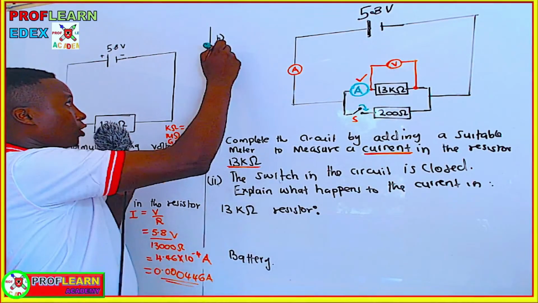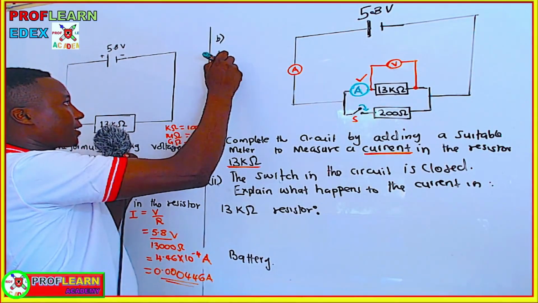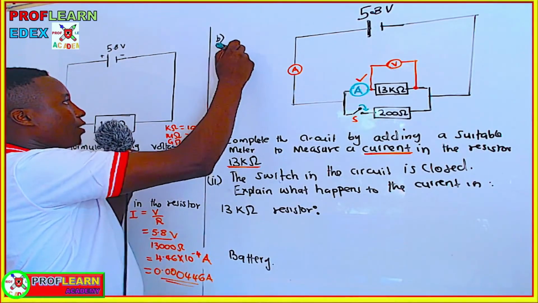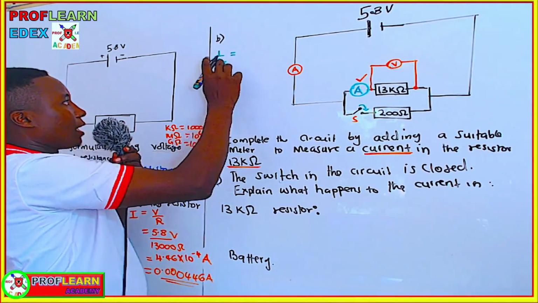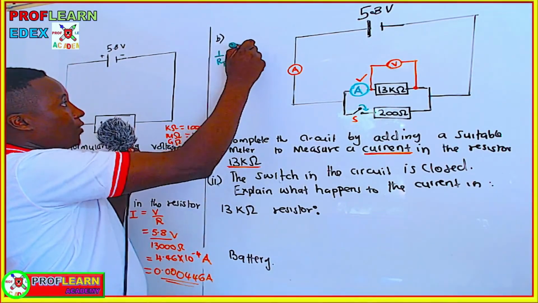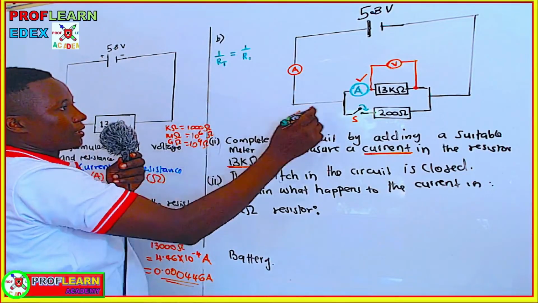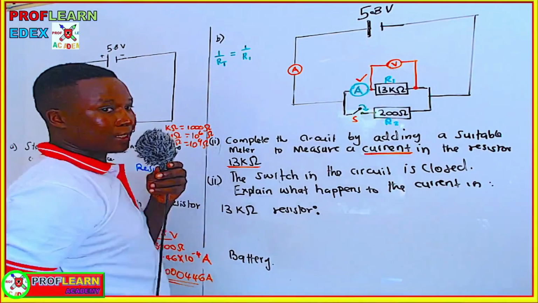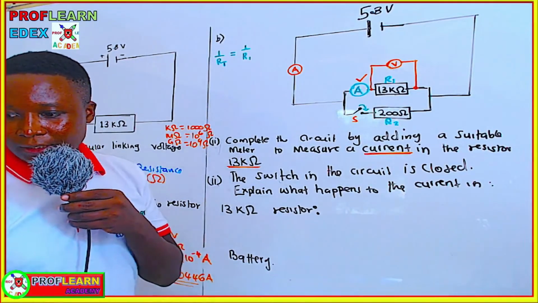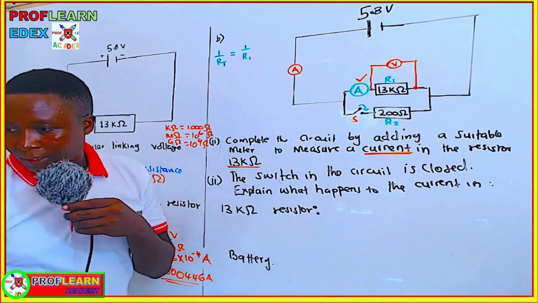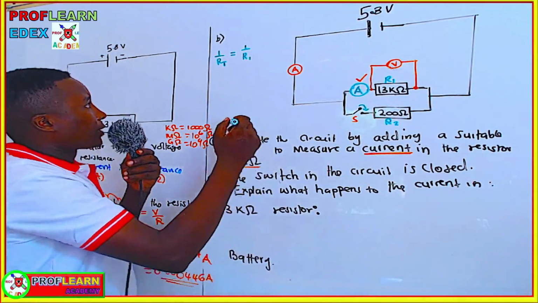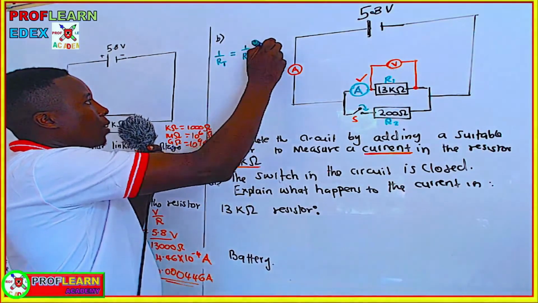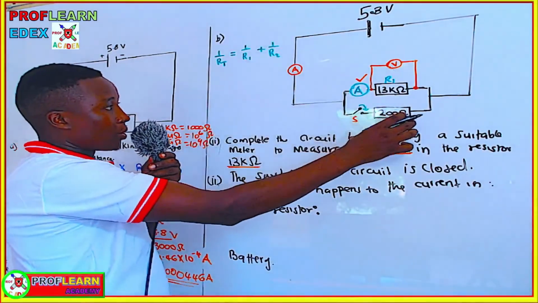So the total effective resistance is going to be calculated by 1 over R total equals 1 over resistance. Let me call this our R1 and this our R2. So we are going to add 1 over R1 and 1 over R2, this one here.